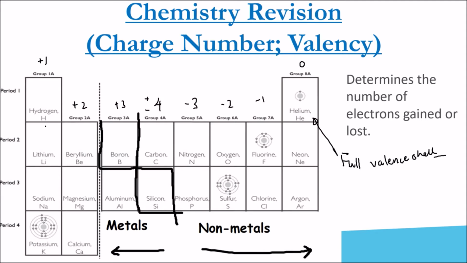Now, if we want to try and draw the structure, or if we want to know the amount of valence electrons available in each of these rows, it depends on group number. So number of valence electrons equals group number.